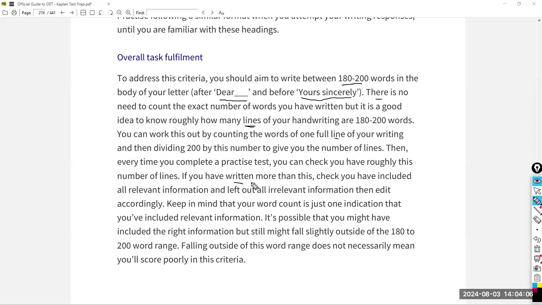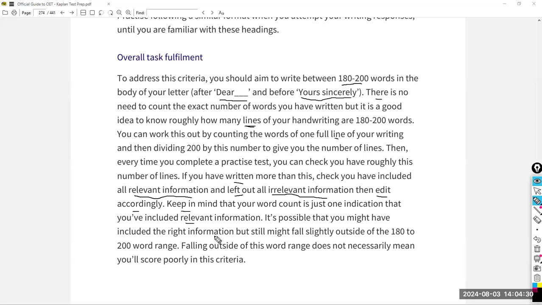If you have written more than this, check you have included all the relevant information and left out irrelevant information, then you have to edit accordingly. Please remember that your word count is just one indication that you've included relevant information, please.